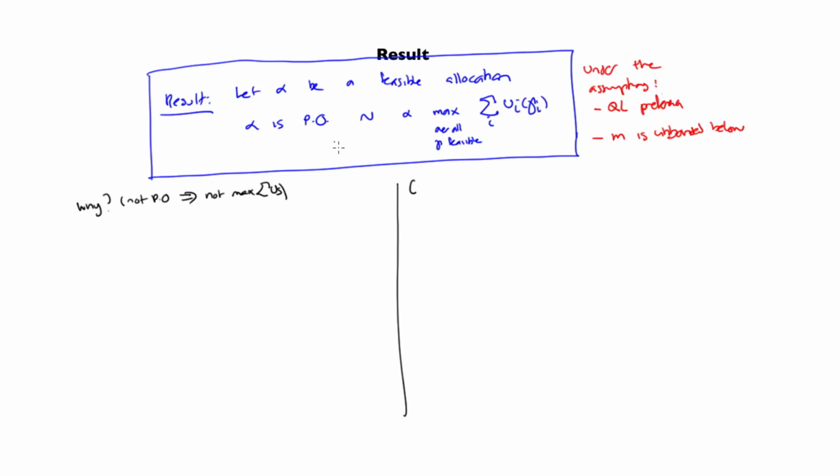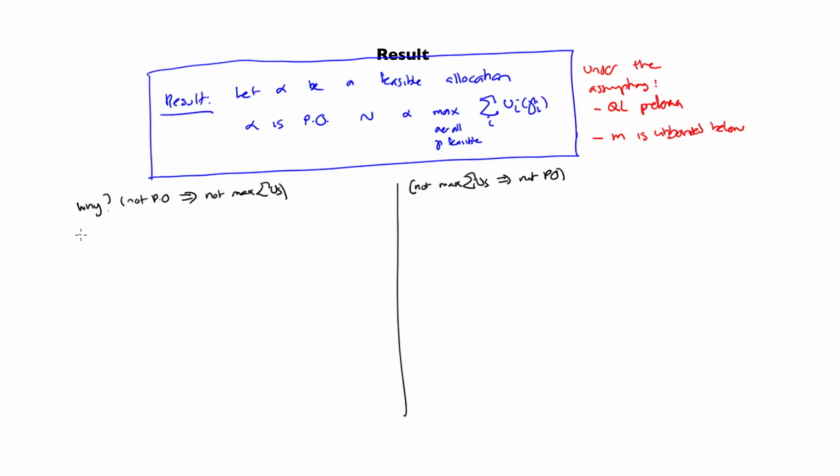And on the other side, if something does not maximize the sum of the u's, this implies it's not Pareto optimal. In other words, if this is not true, this is not true, which means that this is also necessary for this to be true. And that proves the equivalence. So let me start with this case.